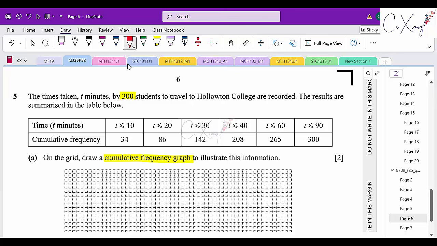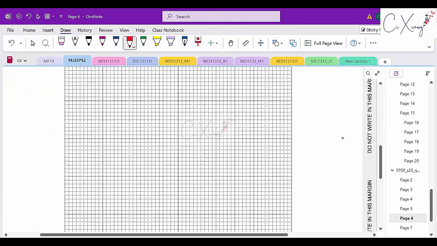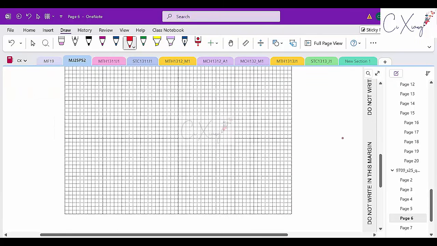Okay, before that I need to create one more class for the upper class boundary with cumulative frequency 0. So I will start from t smaller equals to 0 and the cumulative frequency is 0 here, because our cumulative frequency graph cannot float halfway. It must be starting from 0 for the y, right? Okay, then let us try to draw the diagram. Fix the scale first. We are having t from 0 to 90, so I think this will be good.